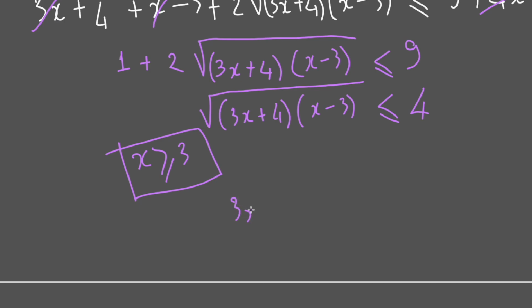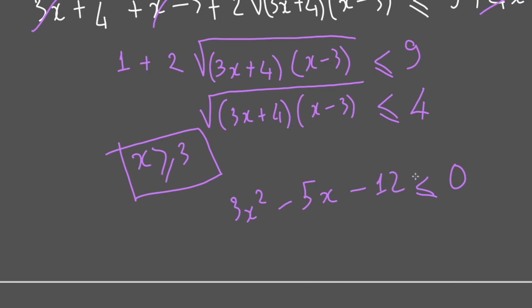We have 3x squared minus 5x minus 28 smaller or equal than 0. It is a bit tricky for you to understand that, so let me explain a bit more.